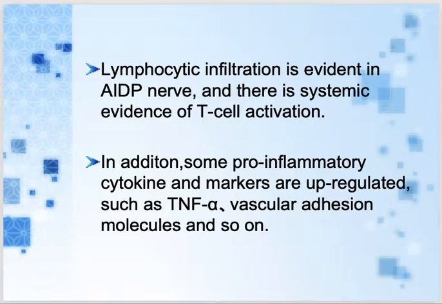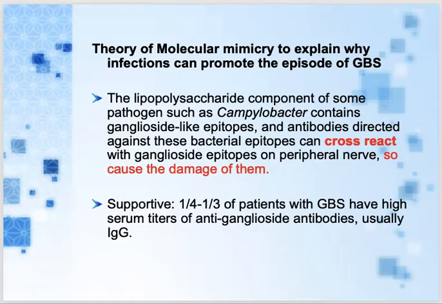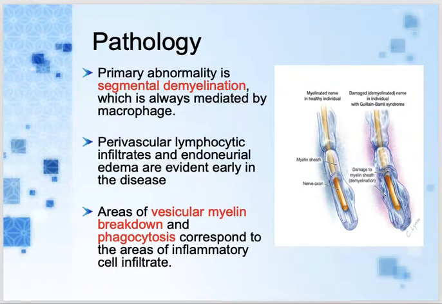So now you can see over here a very nice photograph. See, this is the axon and this is the myelin sheath. In this one, this is the myelin sheath in the healthy individual, and in this one you can see there is demyelination going on and there is inflammation because there is damage to the sheath, right?